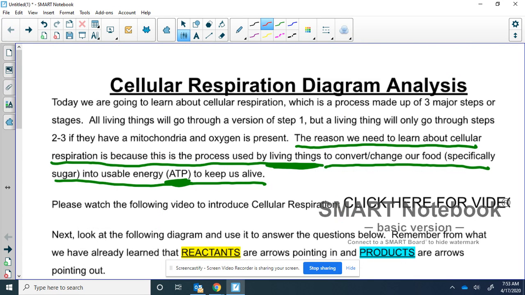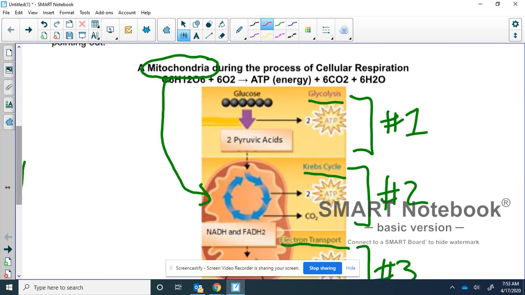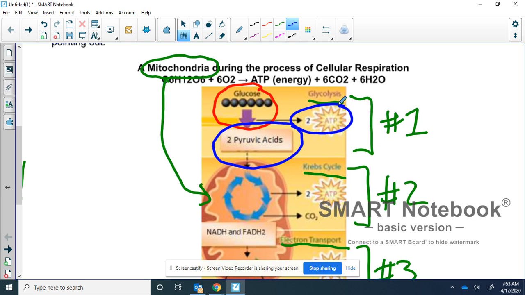So if I go back to our picture and I go to the first stage, glycolysis, glucose or sugar is the arrow pointing in. Those are the reactants. And for the products, we have 2 of them, pyruvic acid and ATP. Remember, ATP is just another word for energy that your body can use.